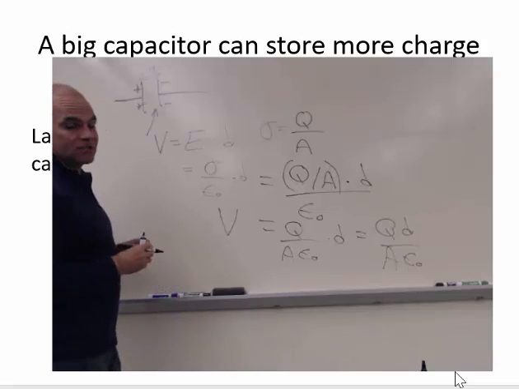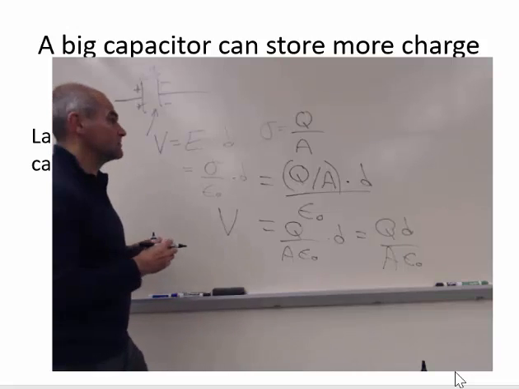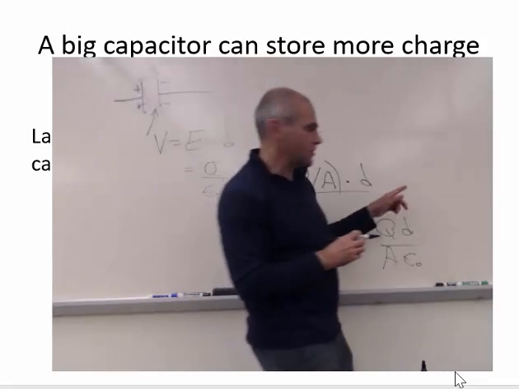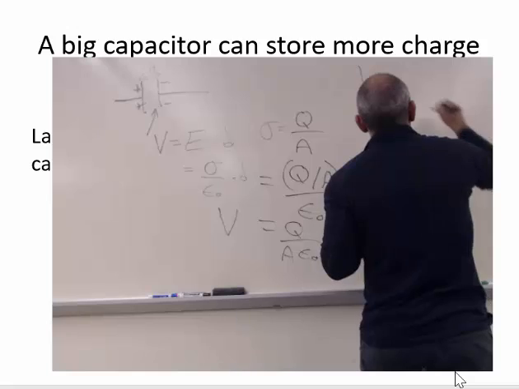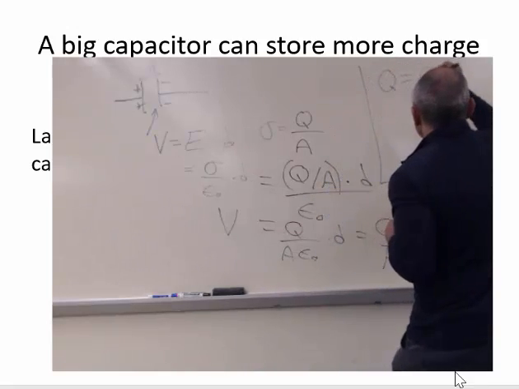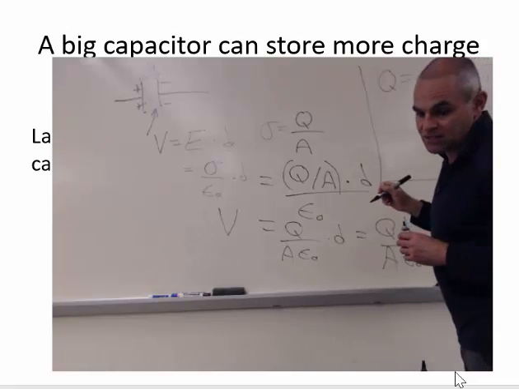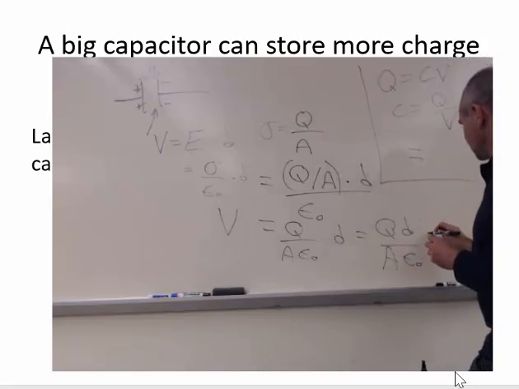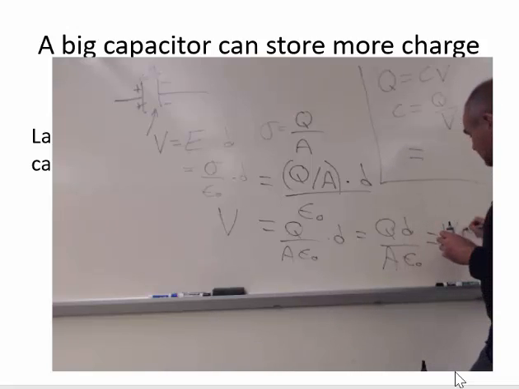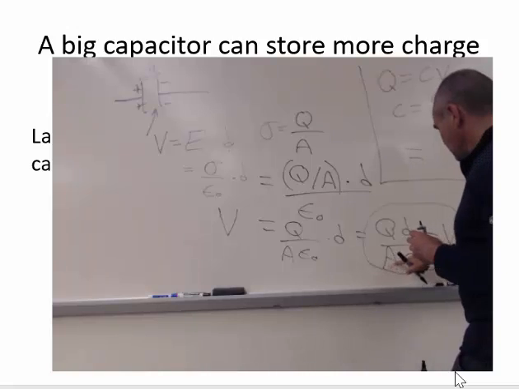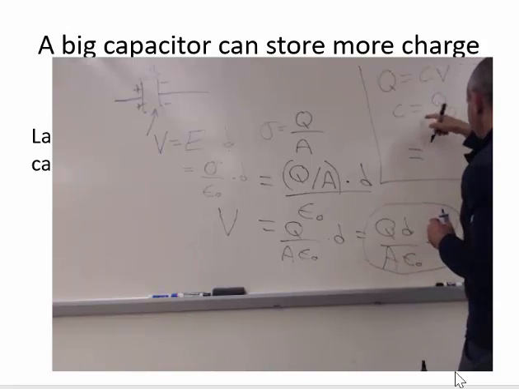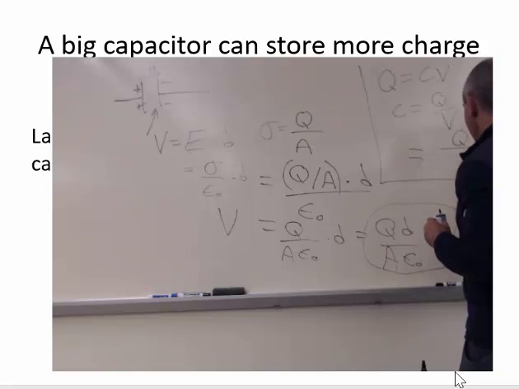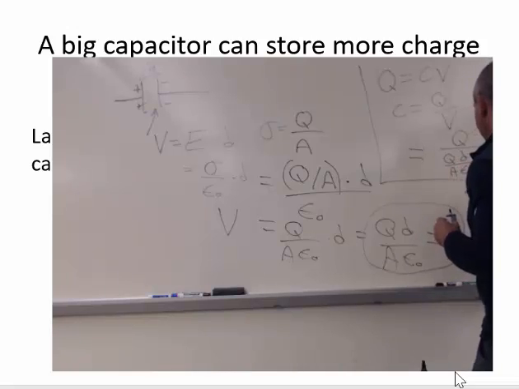Now I'm going to go to my definition of capacitance that I talked about at the end of the last video. Remember, Q is equal to CV. That's the Chula Vista equation. So my capacitance is equal to charge divided by V. This is my V right here, that's my voltage. So I'm going to say this capacitance is equal to Q divided by QD over A epsilon 0.